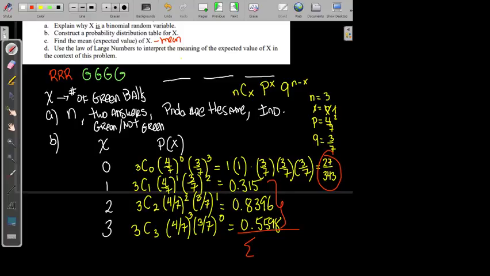If you add them, this only happens with binomial distribution. If you add them, it gives you 1.7143, which is the expected value. So we have to divide it by 4? No, you don't, because every time you did it, you divided. You see 3 over 7? Yeah. So it's already built in. That's the beauty of this, right?